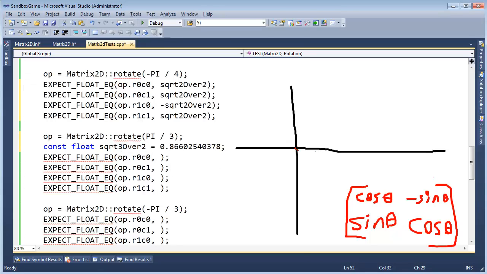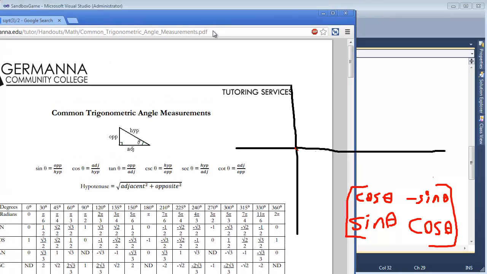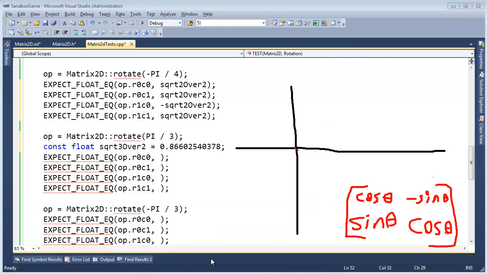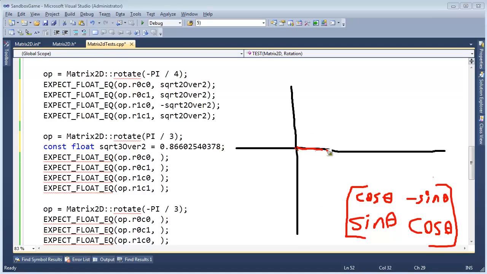Square root 3 over 2, so let's bring this chart back up. Square root 3 over 2, that's our sine. Alright, so rotate pi over 3. Here's our original again, and pi over 3, we're doing thirds now instead of fourths, so that's actually going to rotate this vector up like that.